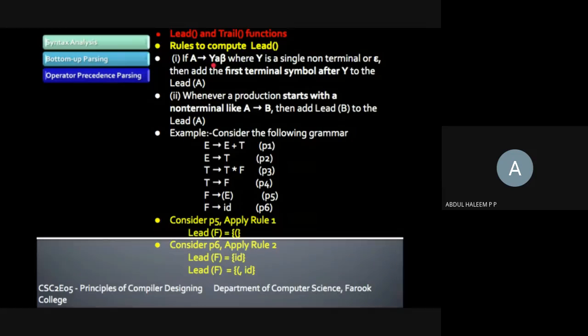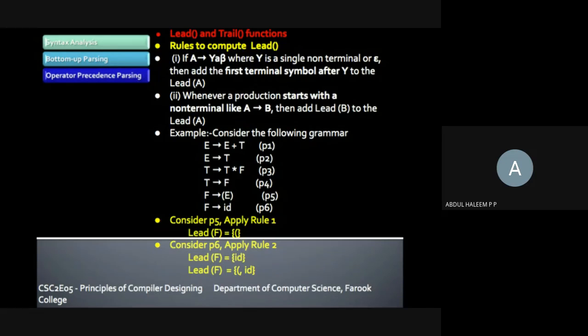Suppose we have an example like x plus 3. When we write a programming expression, we know that x is a variable, and variables will always be non-terminals. So after x, we have plus. So plus becomes the lead element here. You can also have a bracket and 3, as in a while expression: bracket 3, then close bracket.